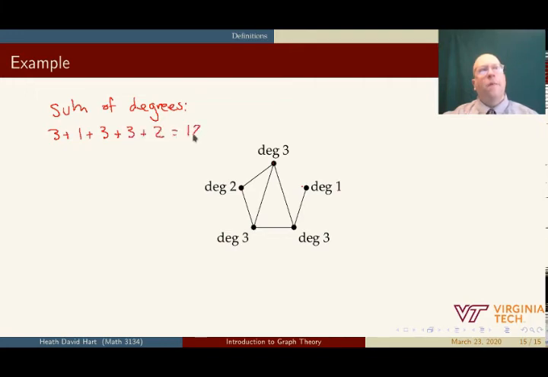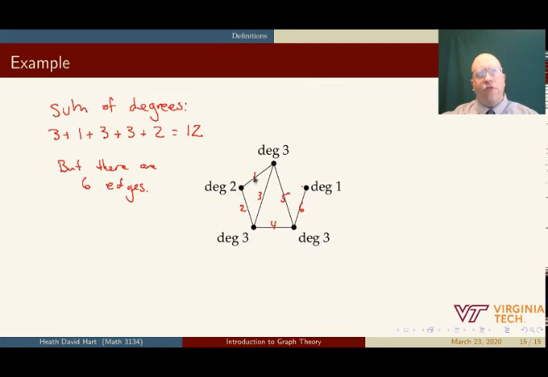And that adds up to 12. If I count the number of edges, there are 1, 2, 3, 4, 5, 6 edges. And so the sum of the degrees does equal 2 times the number of edges.